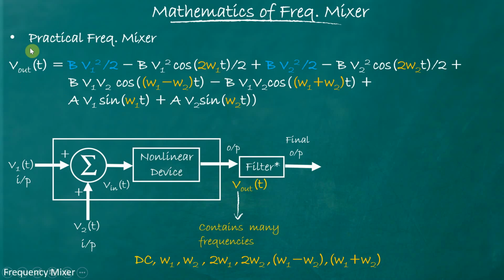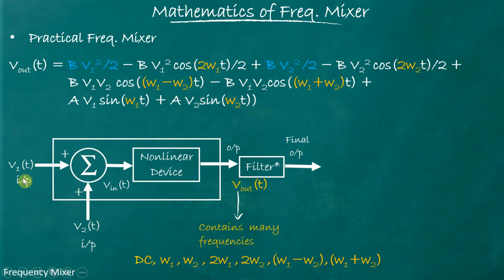Actually this output is after the non-linear device and before the filter, right. So how many frequency components are present in v out? As you can see, there are 6 different frequency components: twice omega 1, twice omega 2, omega 1 minus omega 2, omega 1 plus omega 2, omega 1 and omega 2. So there are 6 frequency components present in v out.